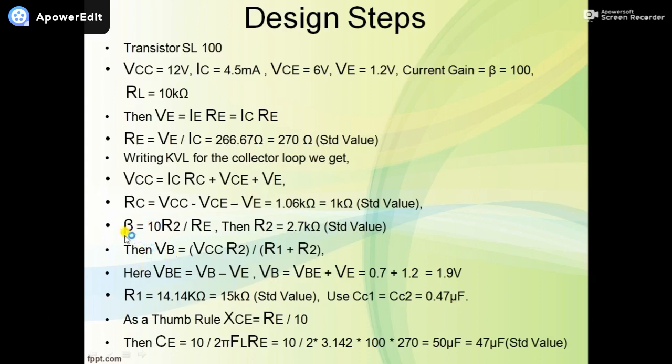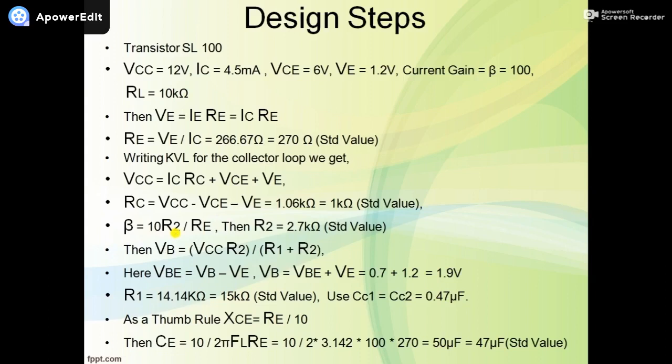So beta is the current gain factor. This beta is equal to 10 times R2 divided by RE. It is 10 times R2 because we are using the voltage divider biasing method to maintain a constant operating point in the active region.